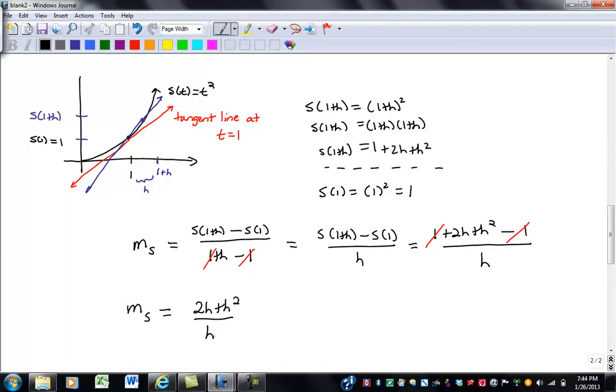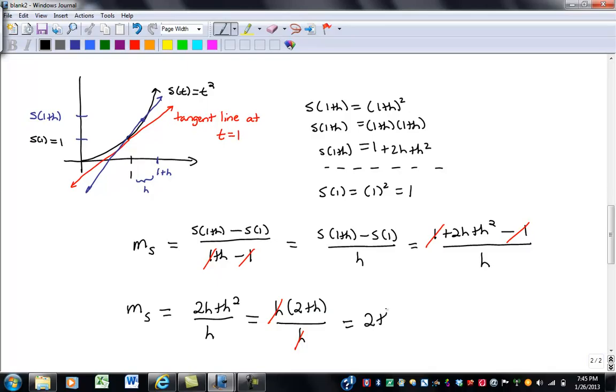Now, in a perfect world, that h would be 0. If h was 0, then that red line would be the only point where it would touch, because 1 plus 0 is just 1. So the 2 points would be the same t value, t equals 1. But right now I can't plug in 0 for h. But it always works out that if you do this right, and you didn't make any errors, you can cancel the h by factoring.